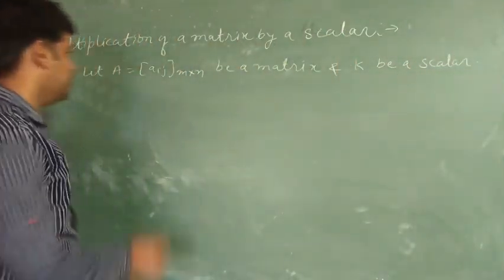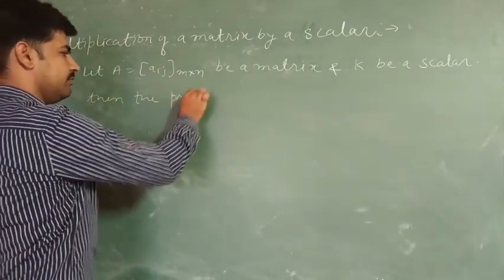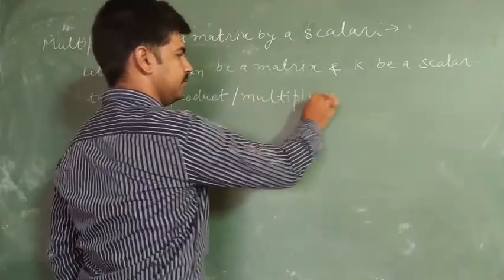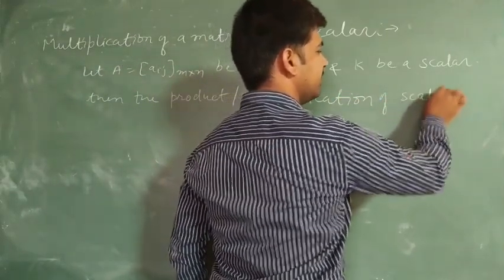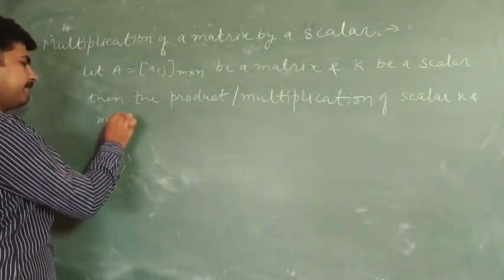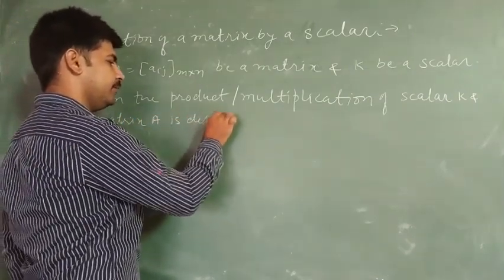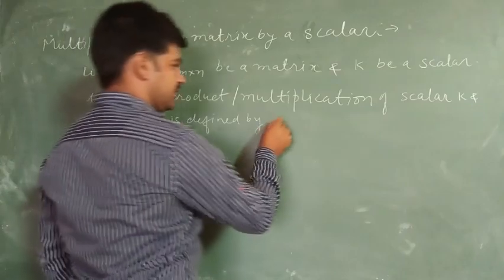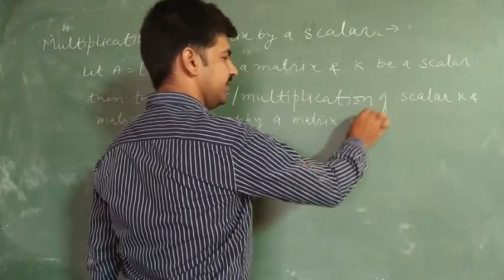Then the product or multiplication of scalar k and matrix A is defined by a matrix kA.